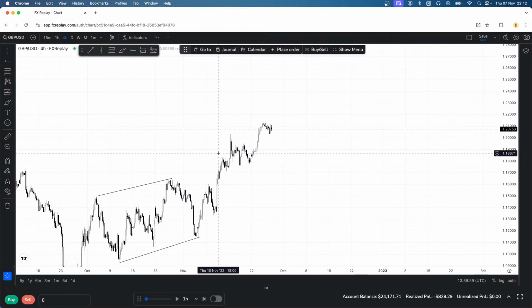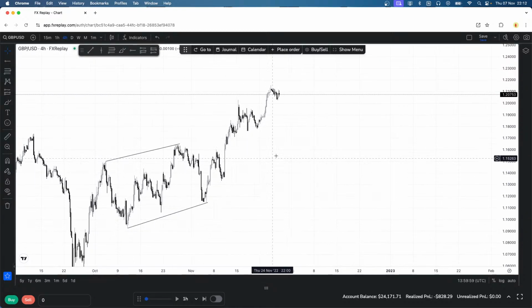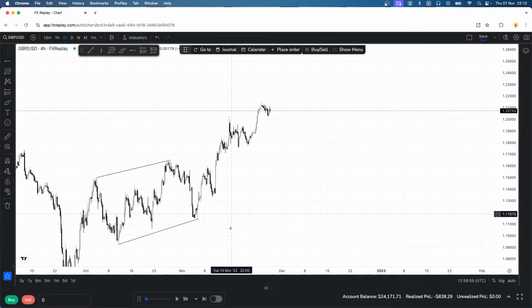So basically these pullbacks are lower time frame corrections. So they have a lower probability of playing out compared to these higher time frame patterns.